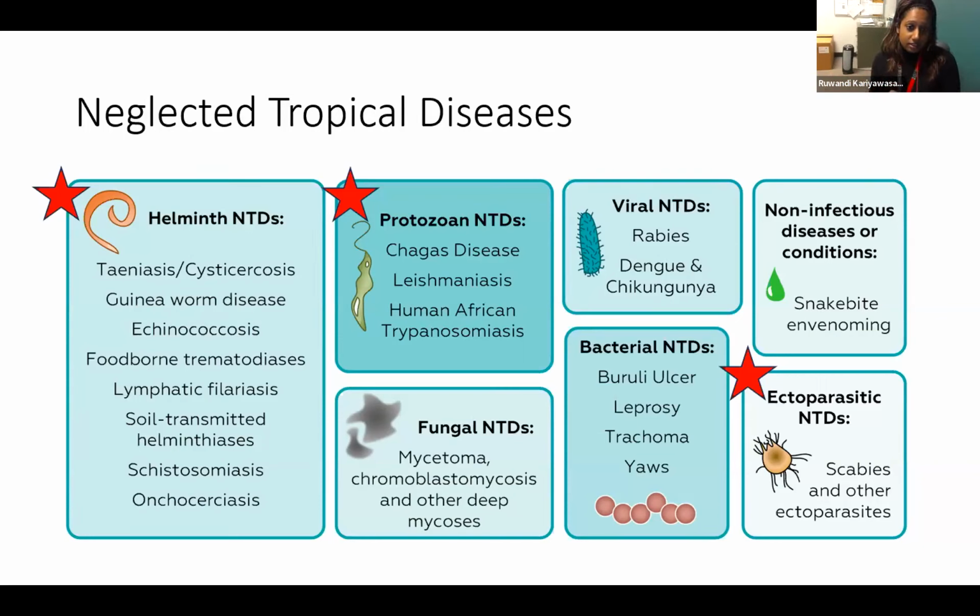They are found in parts of the world where there's poor sanitation. There are 149 countries in which NTDs are endemic. Over 1 billion people are infected, and over 2 billion are at risk. These diseases are largely treatable and preventable if we're able to control the vectors that carry them, as well as improve water quality, sanitation, et cetera.